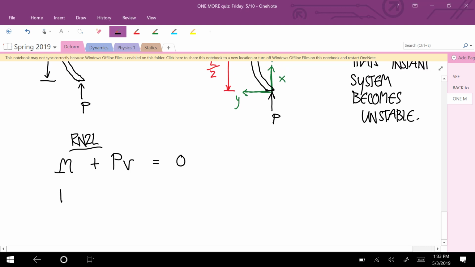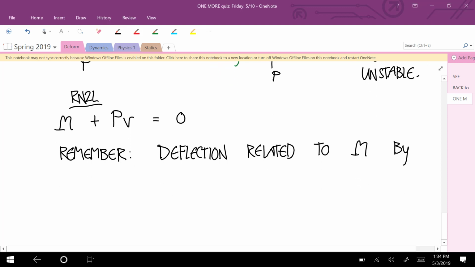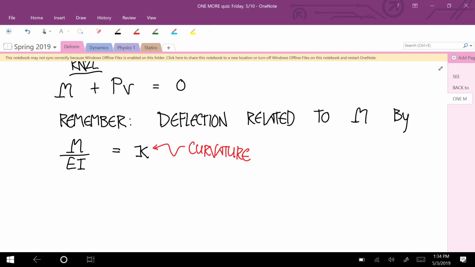So remember, the deflection is related to the bending moment by M over EI of the material is equal to the curvature, and the curvature is a mess unless you can assume small deformations, which we always can.